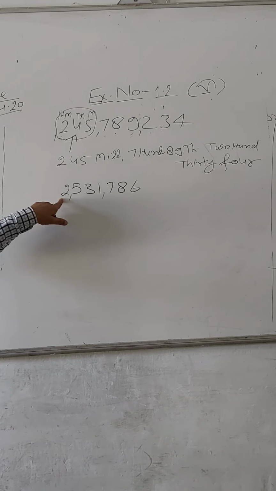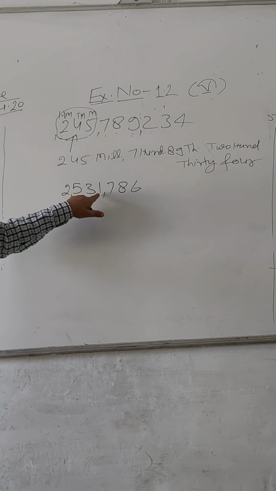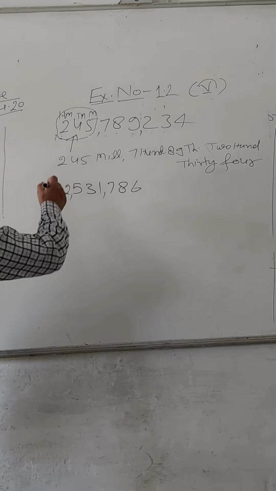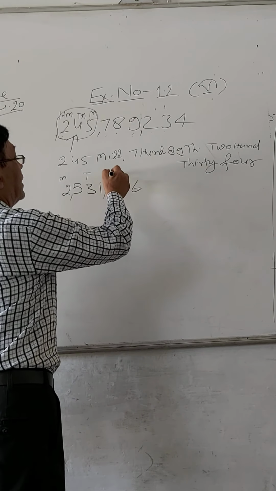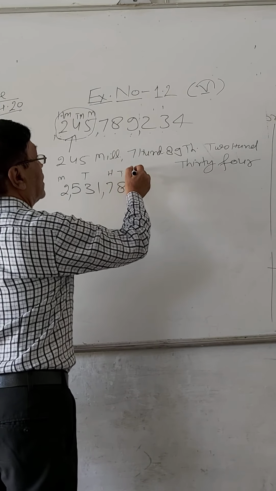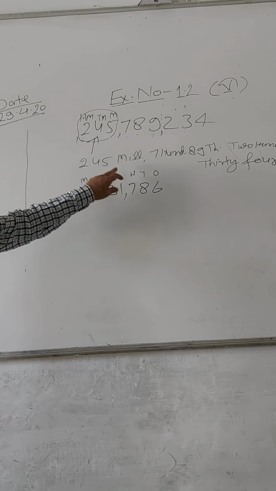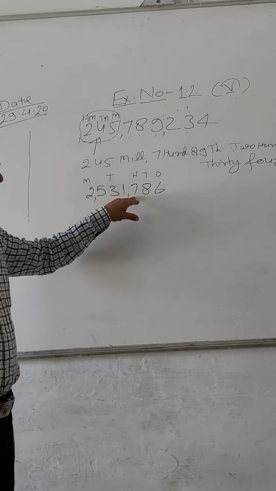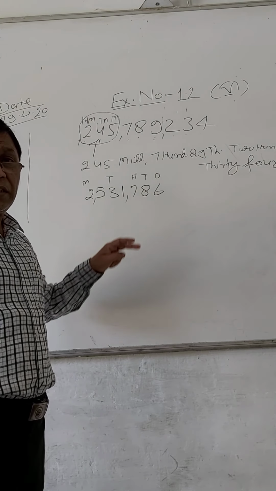So in the last period, the 2 is coming on million. So 2,531,000. This is the million place and this is the 1000 place and this is hundreds, tens and ones. So accordingly 2,531,786.